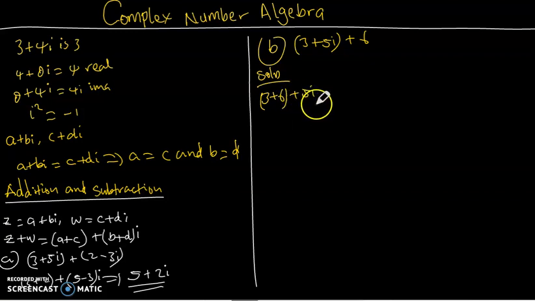And you know what you have here, simply add this together. 3 plus 6 is 9, so this will be 9 plus 5i. It is as simple as that.